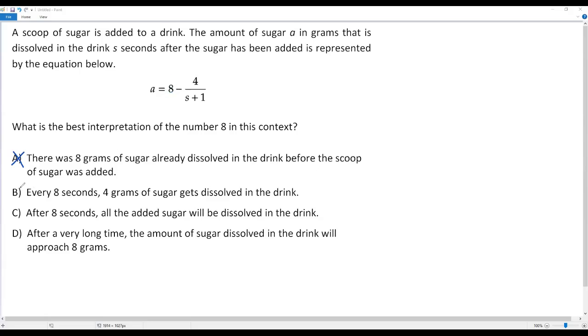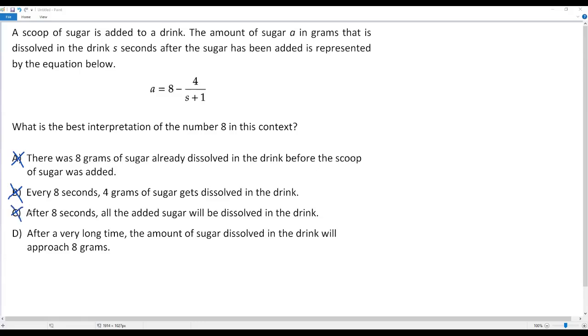But answer choice B says 8 is a time in seconds, so it's not correct. We can reject answer choice B. Now let's go to answer choice C. After 8 seconds, all the added sugar will be dissolved in the drink. Again, answer choice C says that 8 is connected to time in seconds. No, it's not. Actually, 8 is a number connected to the amount of sugar in grams. So we reject answer choice C as well.